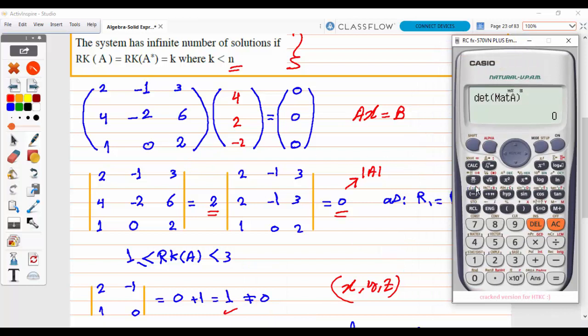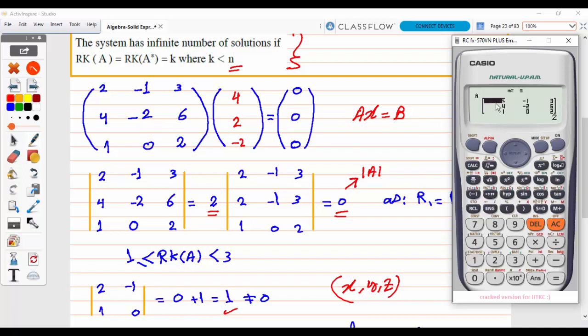We have already matrix A. We'll start again. Dimensions for matrix A are 3 multiply 3. Matrix A, it is 1, of dimension 3 by 3, we press 1.